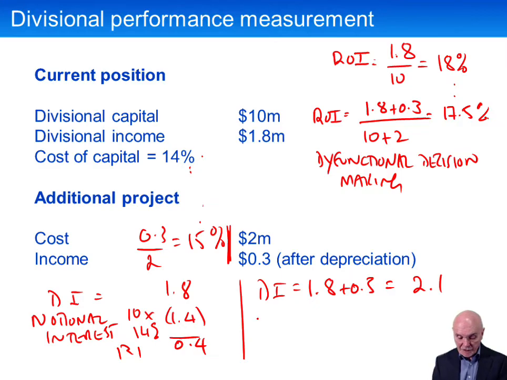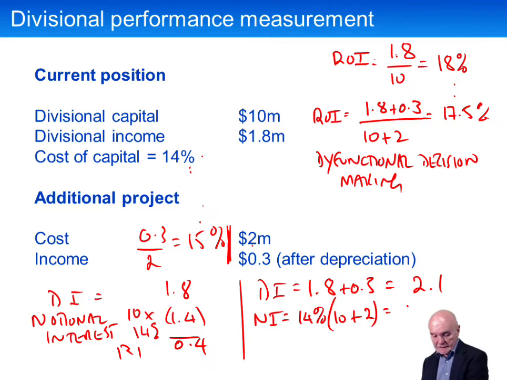The notional interest charge, I'll just call that NI, will be the 14% applied now to the capital in the division, which will have been the original capital 10 plus the new capital of 2. So 14% times 12, 1.68.